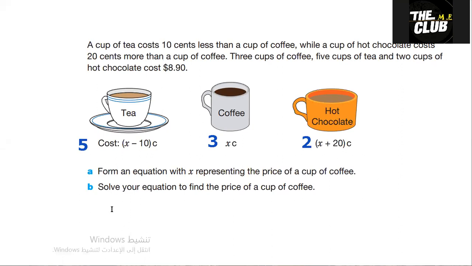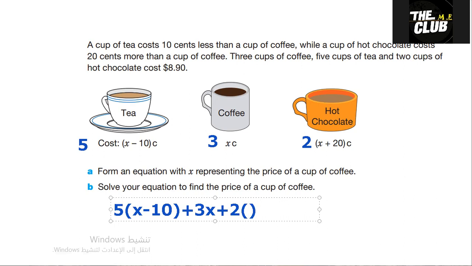So I'm going to write it like here: 5 multiplied by (x minus 10), plus 3x, plus 2 multiplied by (x plus 20). And the total will be 890, like this. Okay, and this is the equation that they need.